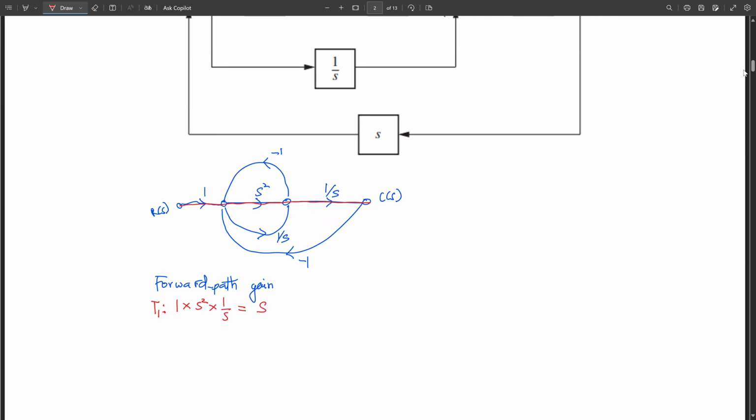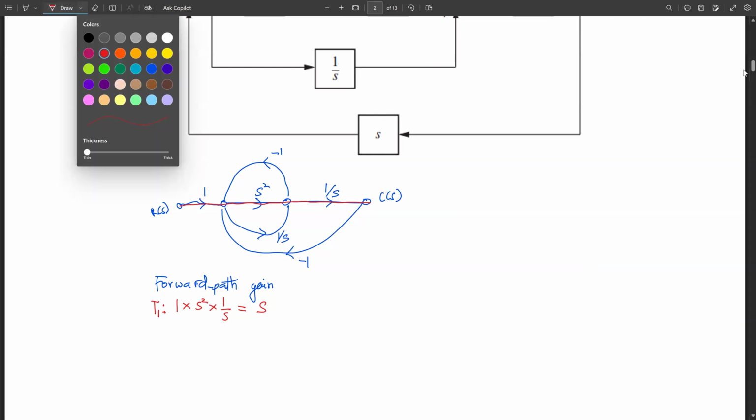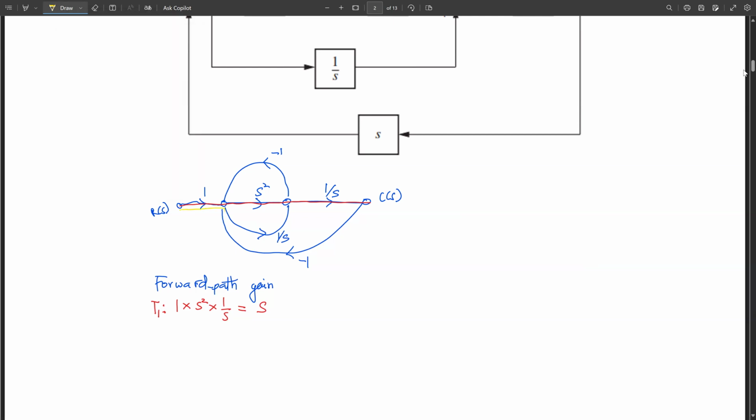Now, the second forward path that we can identify is this side. Then we branch off this side. And then we come back here. Right? So that's the second one that we can identify. We start from here. Then move here. Then move there.